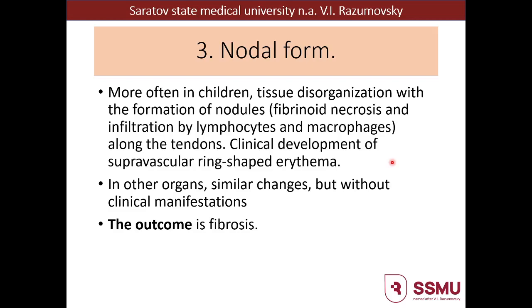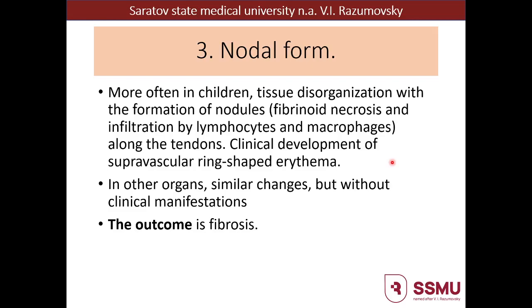In other organs, we may see similar changes but without clinical manifestation. So some internal organs may be involved, with formation of fibrinoid necrosis and infiltration of lymphocytes, but we can never see clinical manifestation of the process. The patient will never feel it.